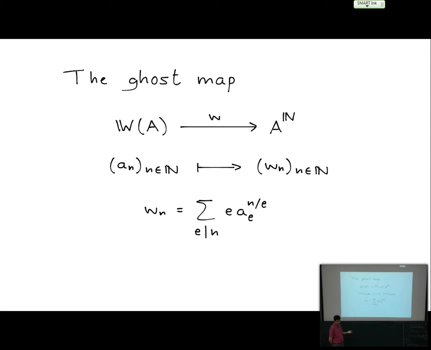It's both the set of sequences indexed by positive integers in A. And that's why it's called vectors. It's these infinite vectors in A. And here's what the map does. It sends a sequence a_n to a sequence w_n, where the nth term is the sum over all divisors e of n, of e times a_e to the n over e.